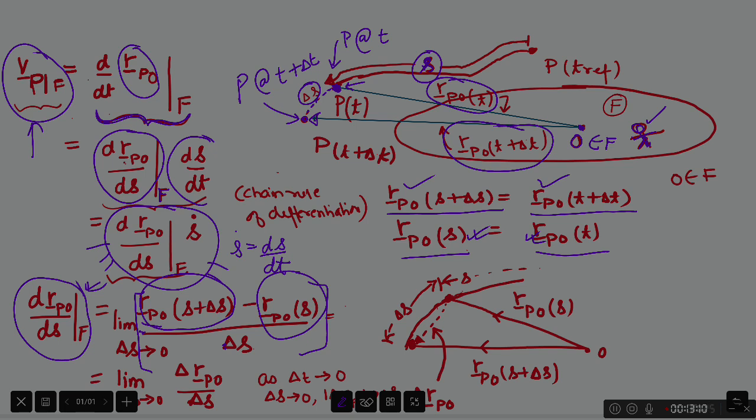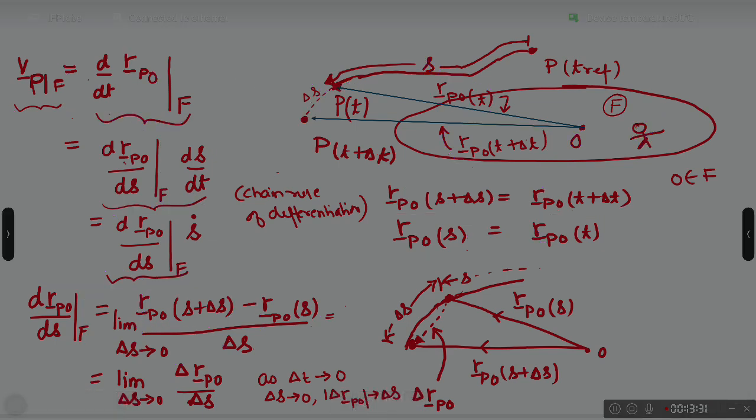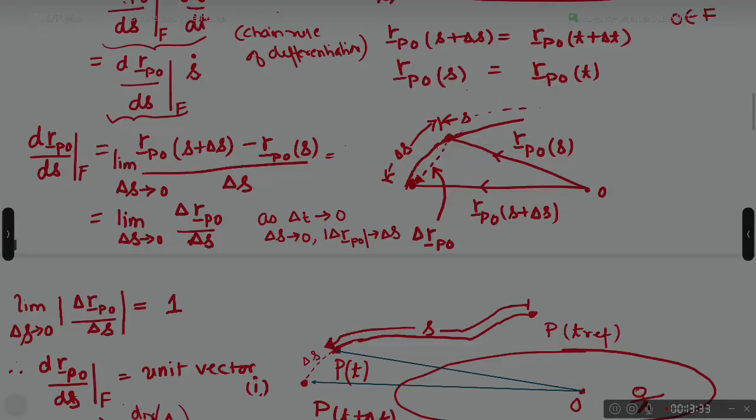Coming back to this expression, the rate of change of RPO with respect to S, we write the quantity of which we are trying to take the limit as delta RPO by delta S. And this delta RPO I have shown here on the diagram.